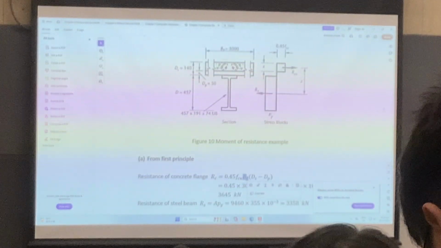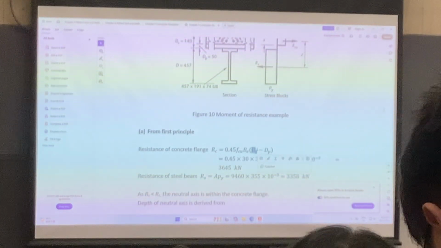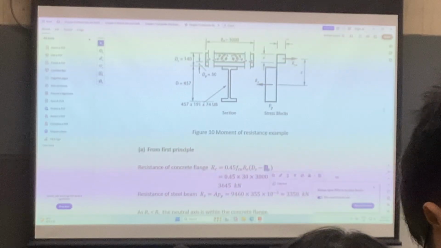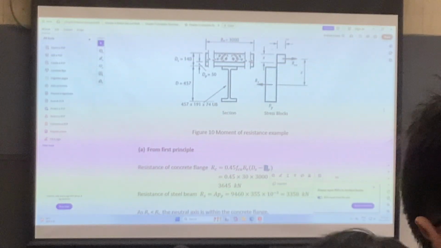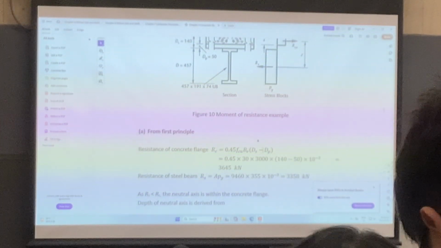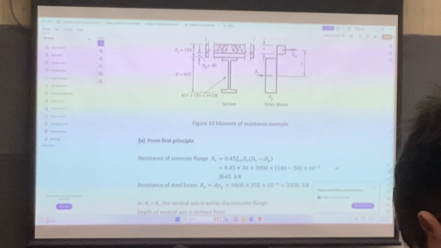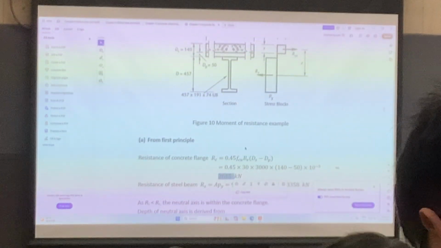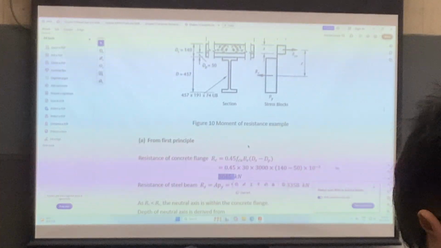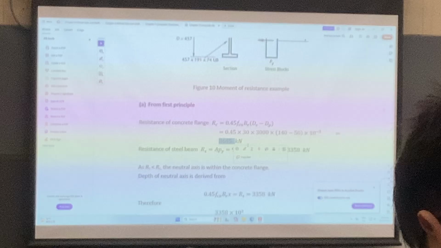The width of the beam here is equal to 3000. And then you have DS minus DP. DS is equal to 140, and DP is equal to 50. So you just substitute here, and then you find that it is equal to 3645. That means the concrete compression capacity is equal to 3645.